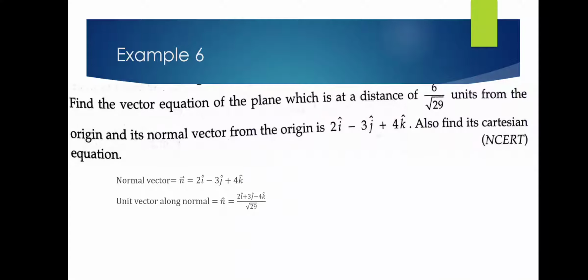So given that formula, the equation of the plane is r vector dot n cap equals p, or r vector dot this vector 2i minus 3j plus 4k by root 29 equals 6 by root 29. So I can just cancel out that root 29, and therefore r vector dot 2i minus 3j plus 4k is equal to 6.